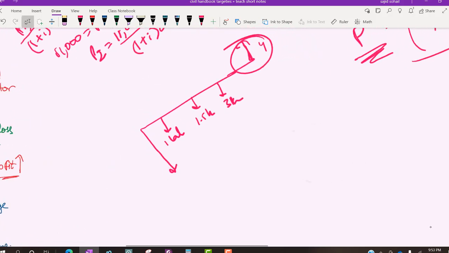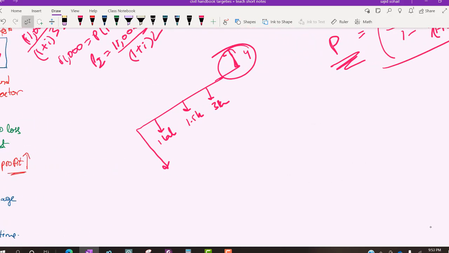Not just like this, you can also do directly. P value की जरूरत नहीं है, you can directly calculate what will be the future value, right? If you are paying at this, let us say this is first year, this is second year, this is third year, you want to find out how much money you will be having by the end of fourth year, then you can directly do also, right? What is there in it? 1 lakh into 1 plus rate of interest whole to the power of, how many years will be there? 3 years, right? 3 साल के बाद कितना होगा, like that.